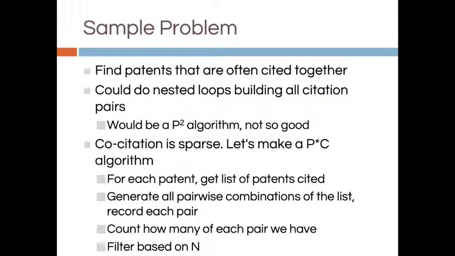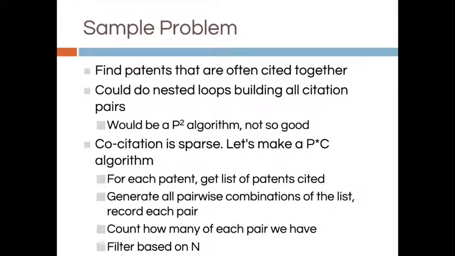So what we are planning on doing using Pig and using distributed computing is making a P times C algorithm, so the number of patents times the number of citations. We should only have to go through the patents one time and be able to find all the patents that are cited together.